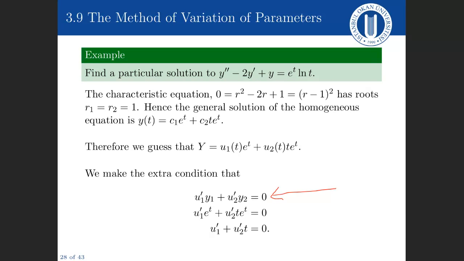And for this example, that means that u1 prime e to the power t plus u2 prime t e to the power t is 0. But because e to the power t is always non-zero, for this example, our extra condition becomes u1 prime plus u2 prime t is equal to 0. We will need this formula later.